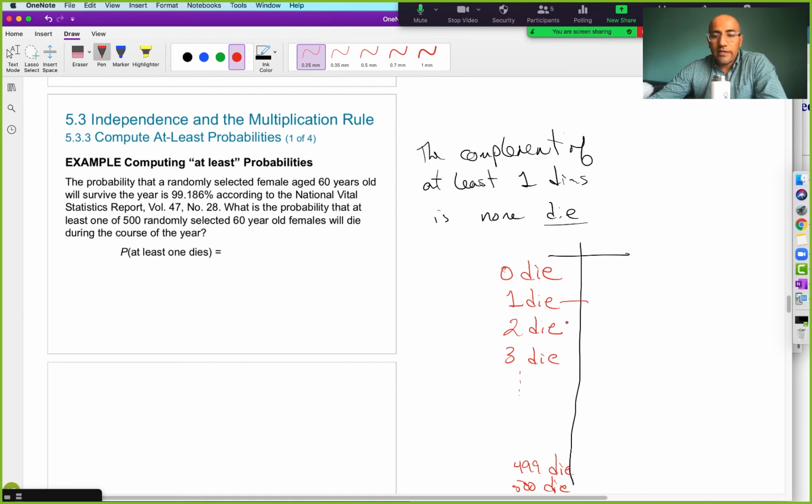Good. Associated to all of these individual exact cases are probabilities. What's the probability that exactly 2 die of the 500? What's the probability that exactly 3 of the 500 die? So we can find all these individual probabilities. Probability that 1 dies.